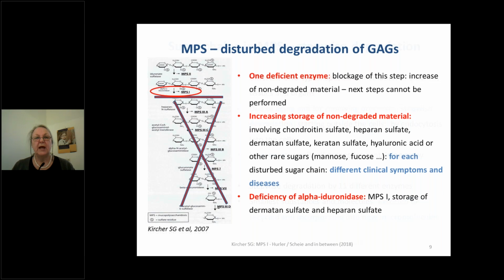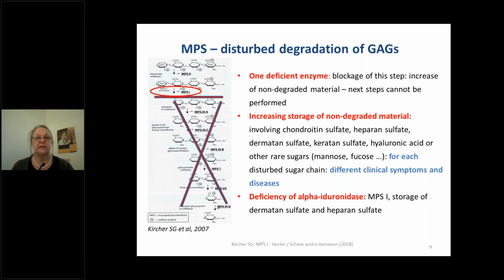In MPS, this process is disturbed, and it is only because one of these enzymes is deficient. You have a blockage in these steps, and there is a lot of non-degraded material, and all the next steps cannot be performed.